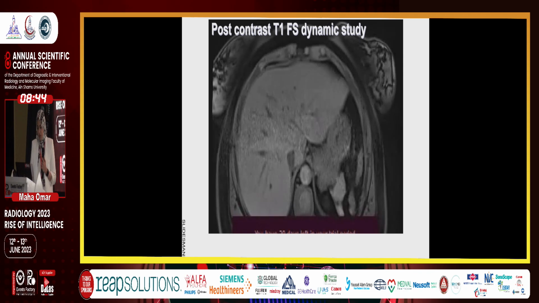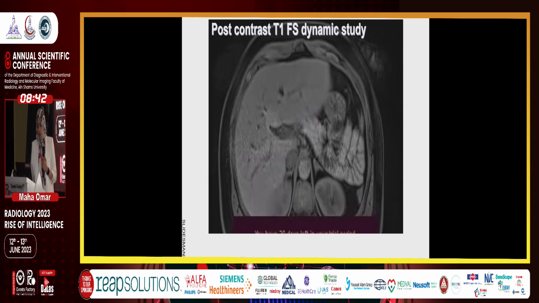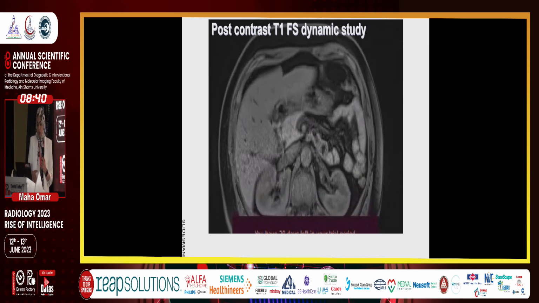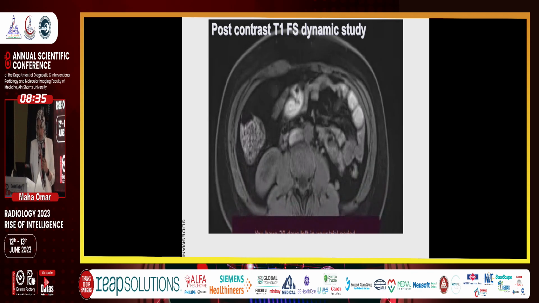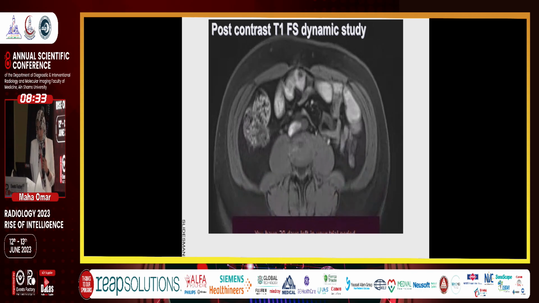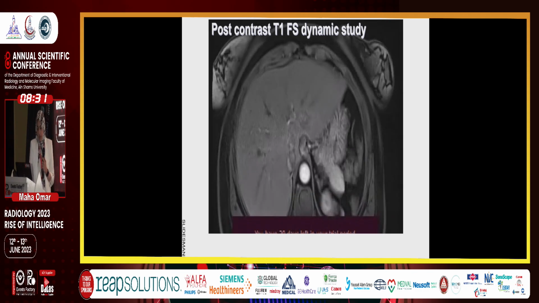The post-contrast dynamic study will start with the pre-contrast T1 fat sat, followed by other phases of the study. This is the pre-contrast phase. The early arterial phase.